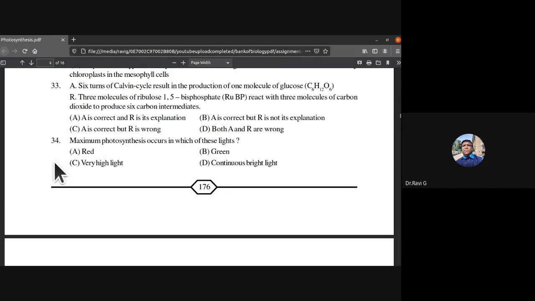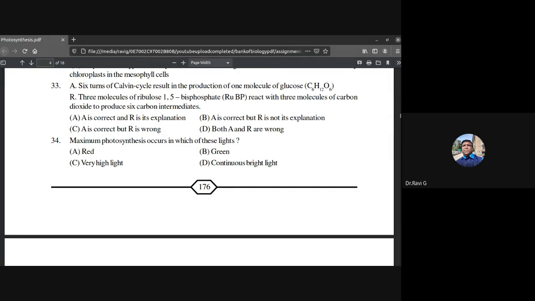34th, maximum photosynthesis occurs in which of these lights? They have given red light, green light, very high light, continuous bright light. In which does maximum photosynthesis occur? Yes, the answer is A. I think you can switch on the mic and answer, no issues at all.